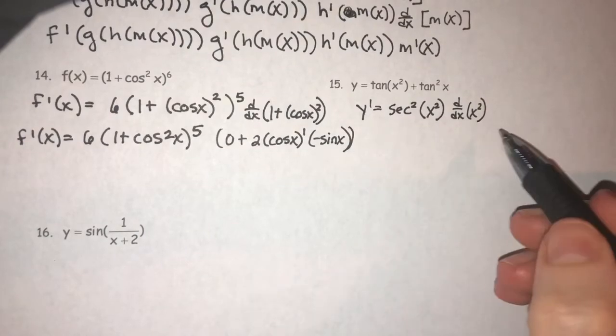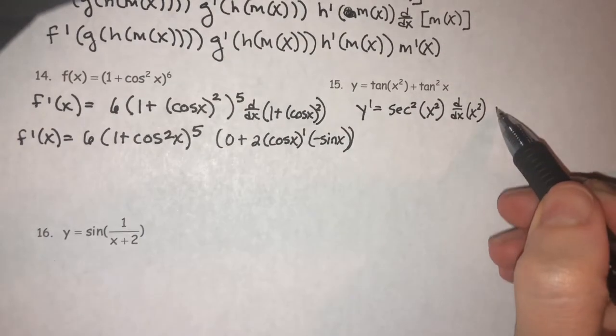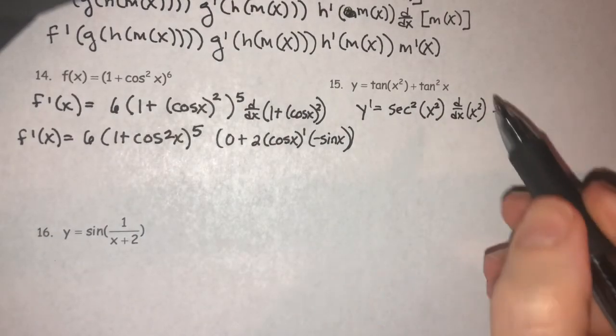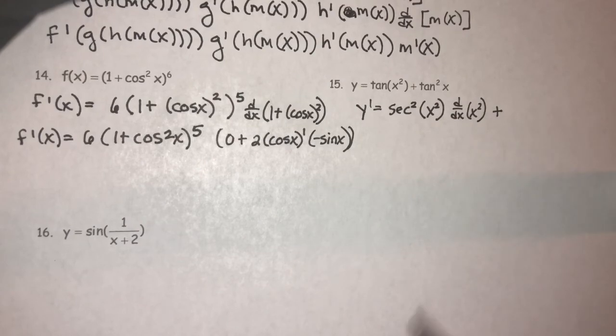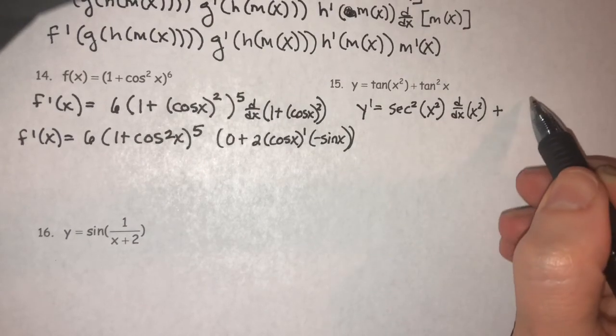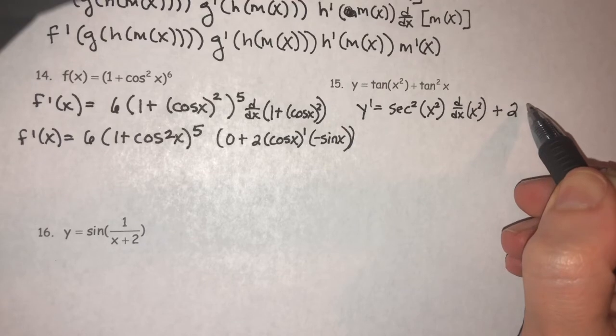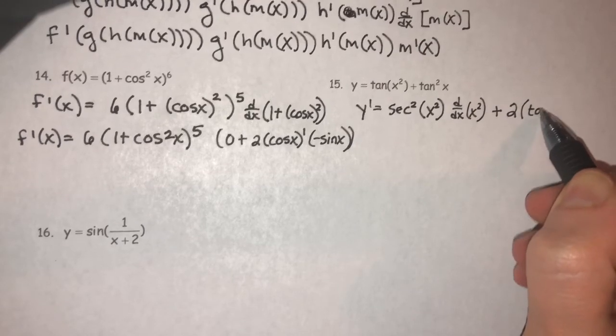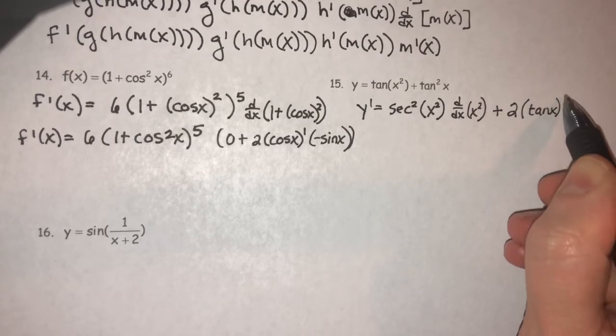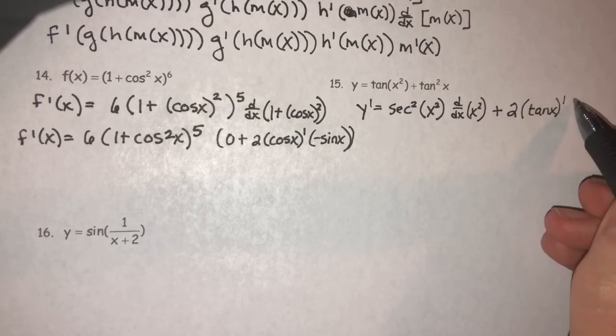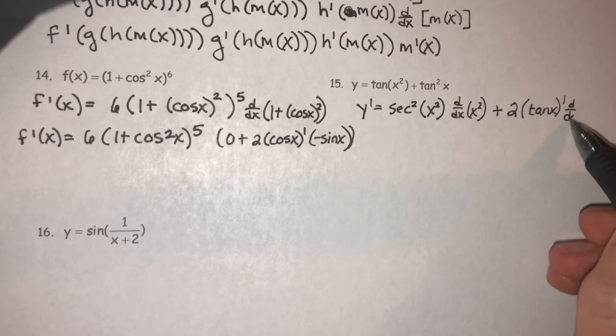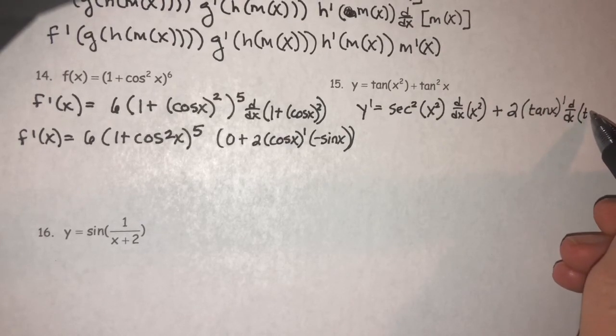And that takes care of the derivative of the first term, plus the next one is tangent squared of x, which is like the tangent of x quantity squared. So the 2 comes down in front, tangent of x to the first power, and then times the derivative of the tangent of x.